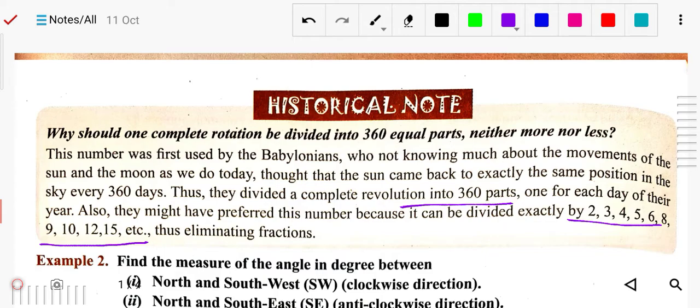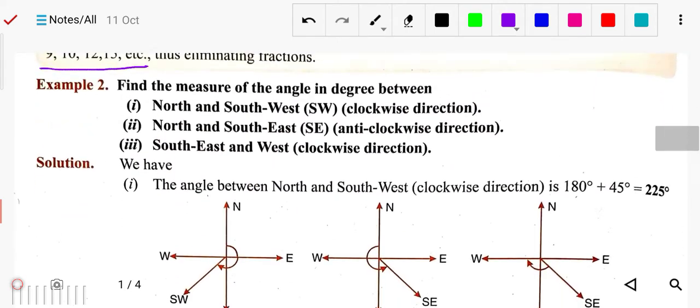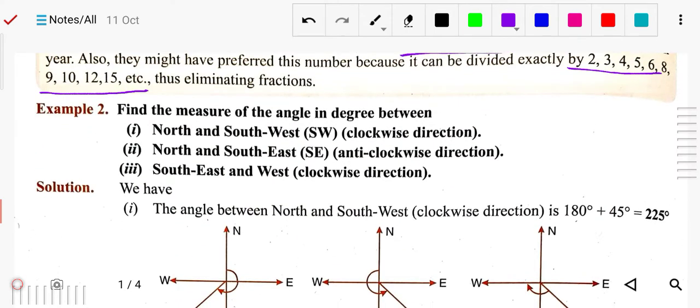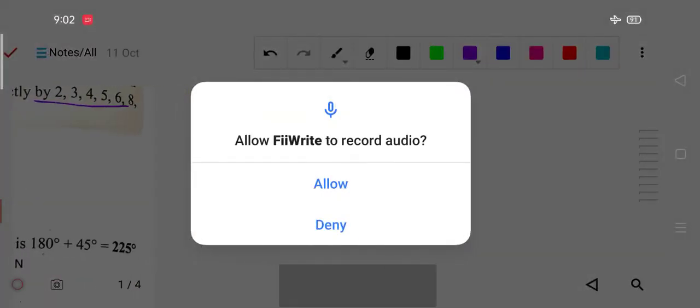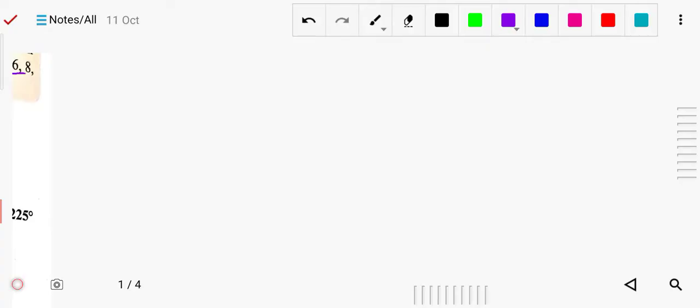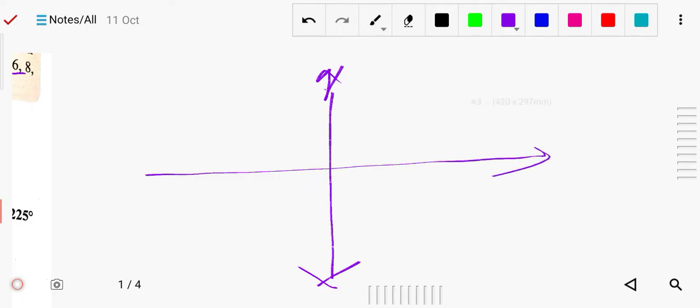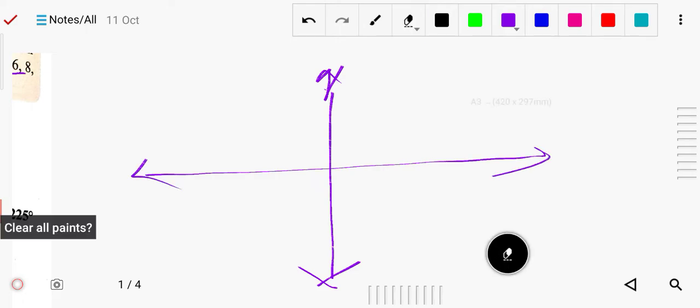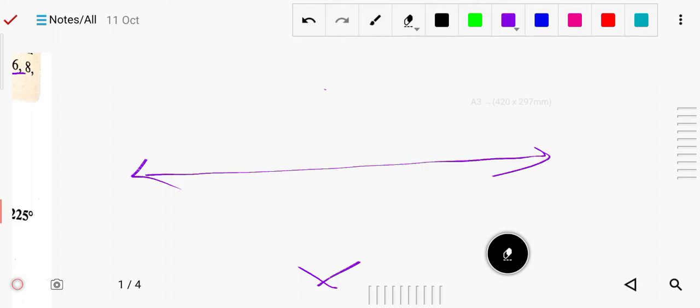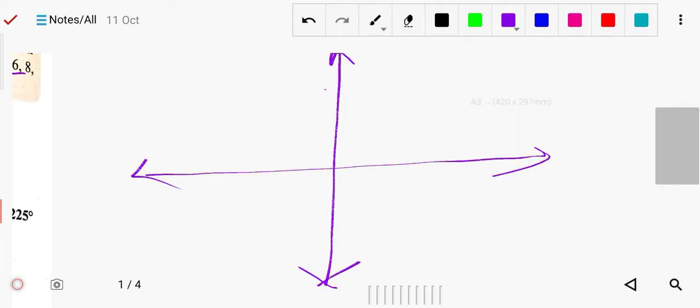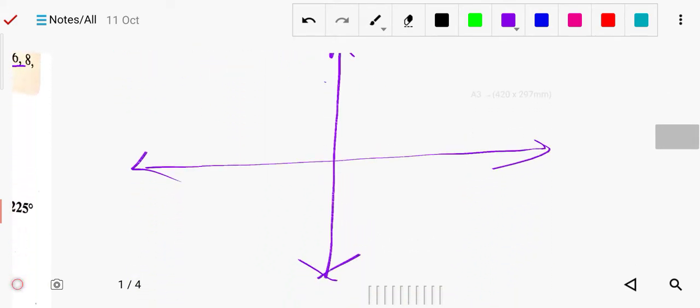Now you can see how to denote directions, like north, east, south, west, and clockwise, anti-clockwise. Just see here and you will understand better. First of all we will draw the vertical line and the horizontal line.